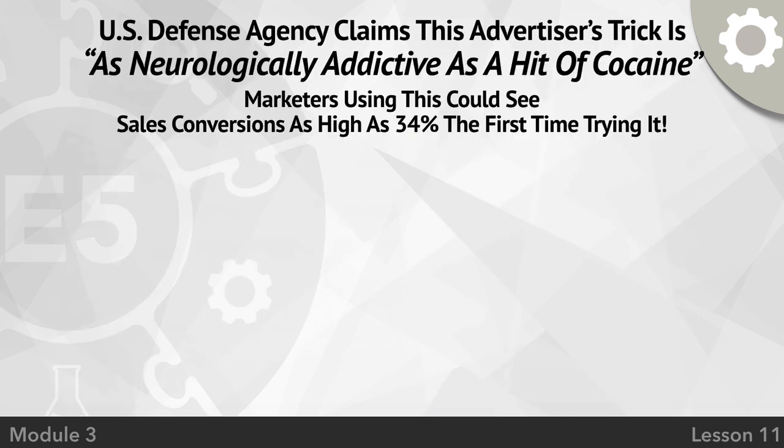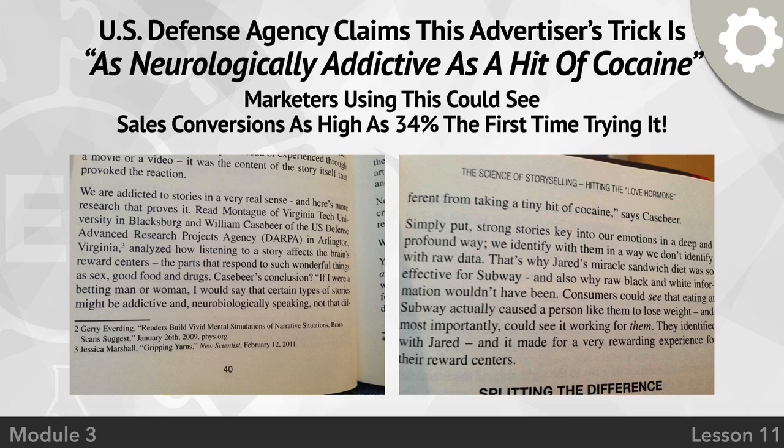This is an example of a mock headline that I wrote. U.S. Defense Agency claims this advertiser's trick is as neurologically addictive as a hit of cocaine. Marketers using this could see sales conversions as high as 34% the first time trying it. Where did this come from? It came from a book on storytelling, and there was a chapter in there. You can see it from the left-hand side, the bottom of the paragraph.